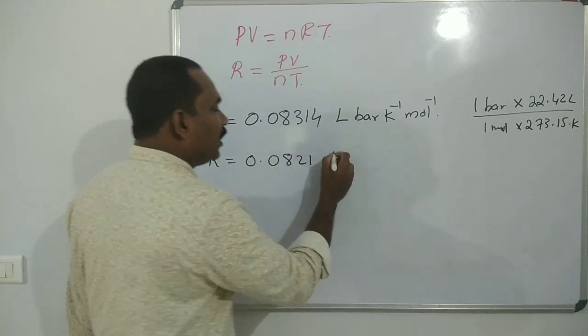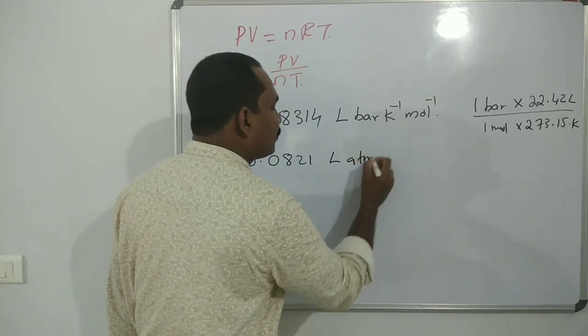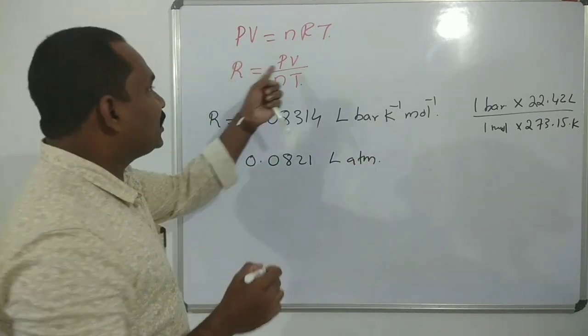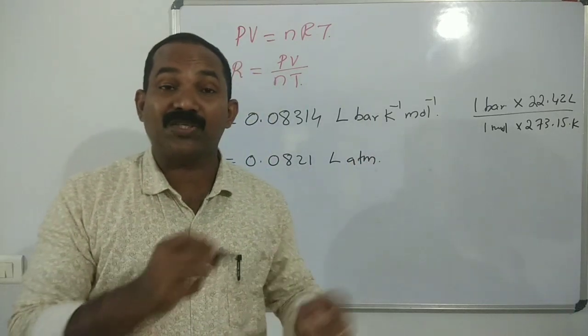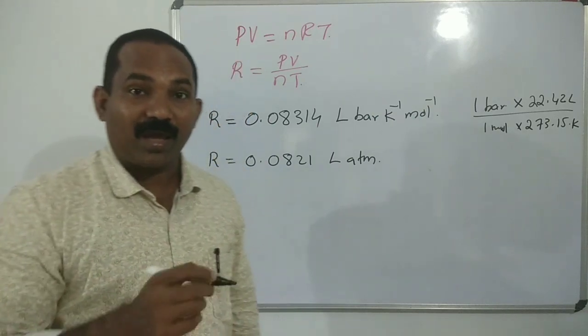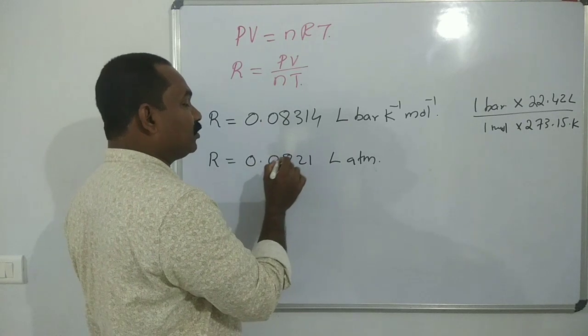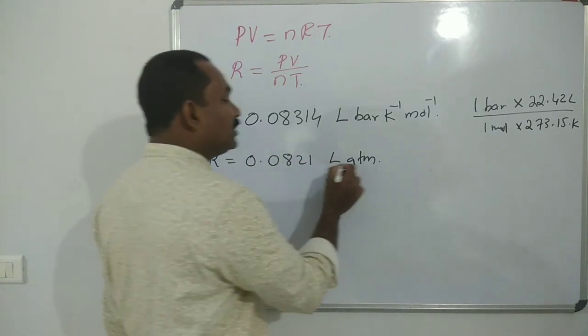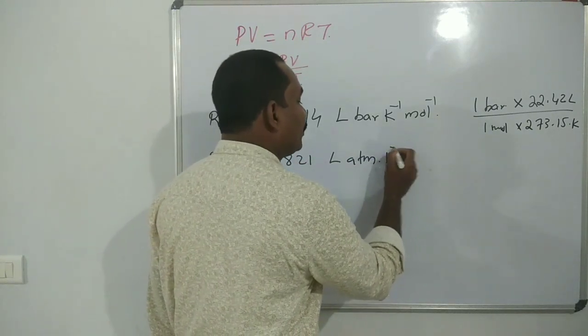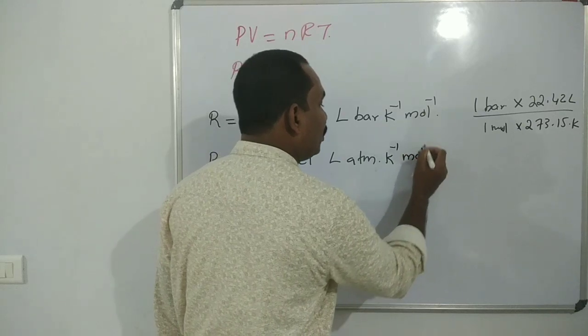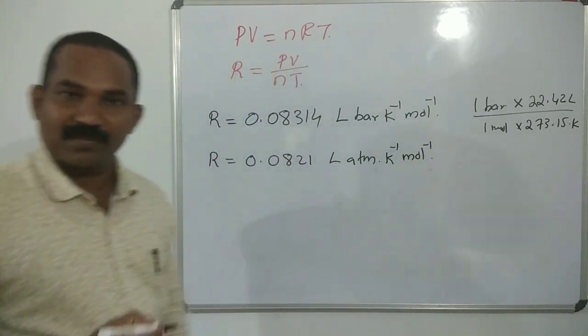Then the R value, if pressure is written in atm, is 0.0821 liter atm Kelvin inverse mole inverse.